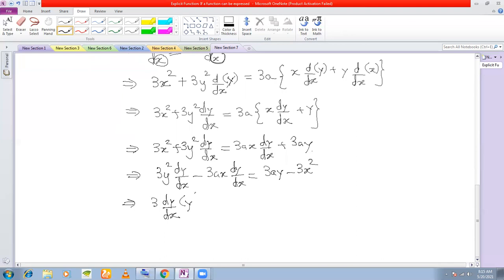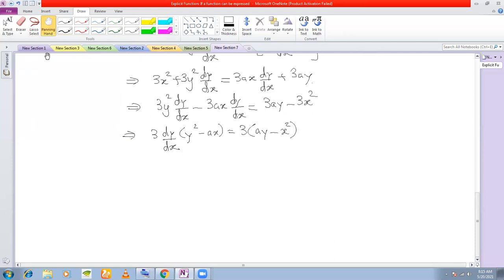What do you get? Y square minus ax. And from here, you can take 3 common. You get ay minus x square. So what happens? These two 3's get cancelled here. You simply get dy dx is equal to ay minus x square divided by y square minus ax. Okay, and that is your answer.